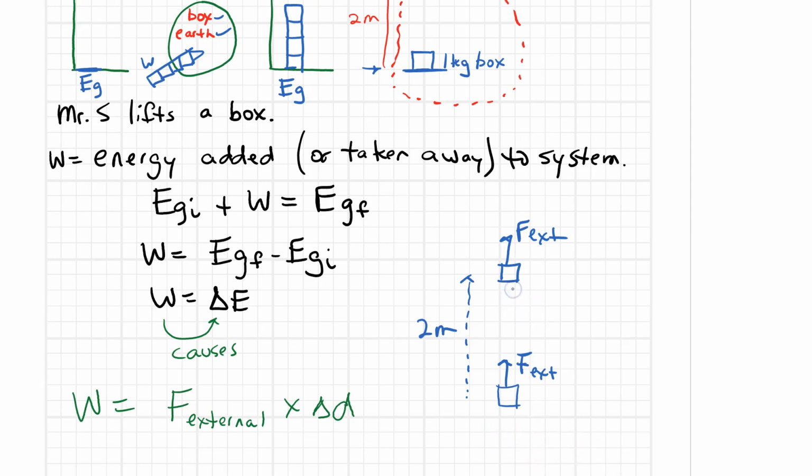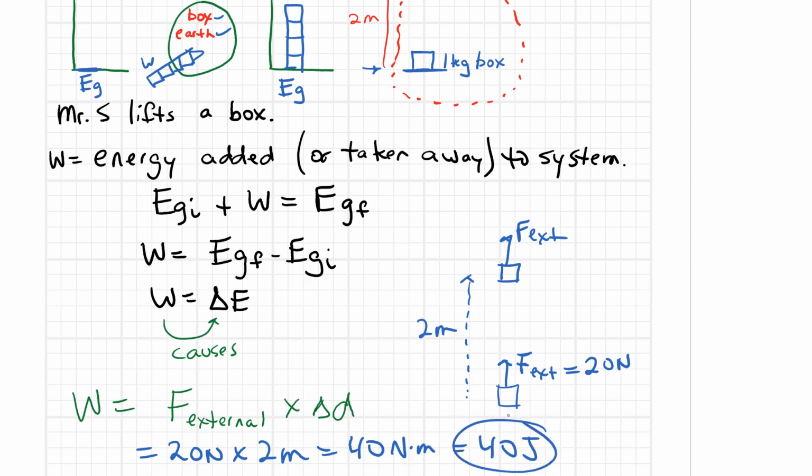The biggest thing I'm looking at is this force acted for 2 meters. This force must have been the same as the force of gravity if I was going at a constant velocity. So in other words, it would be 20 newtons. So here we see 20 newtons times 2 meters. That would have been our 40 newton meters, which is the same thing as 40 joules.